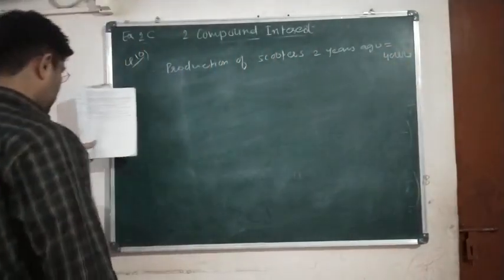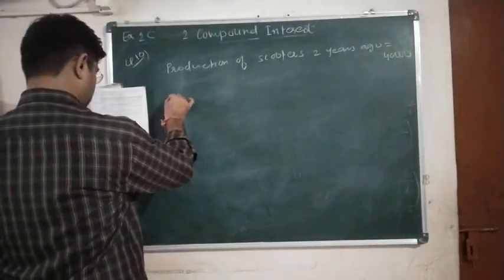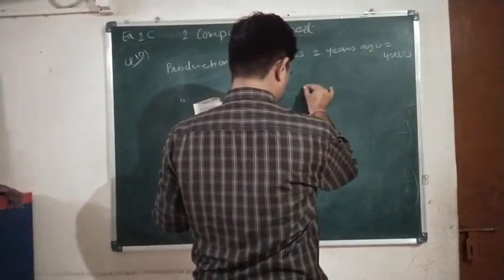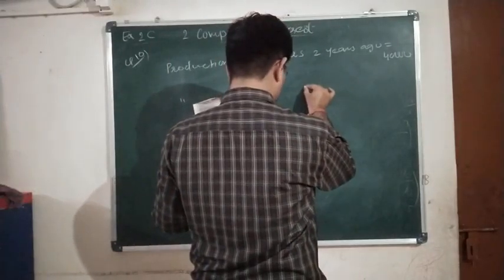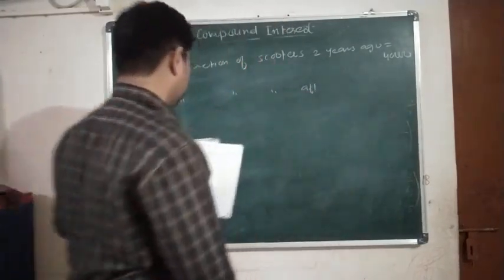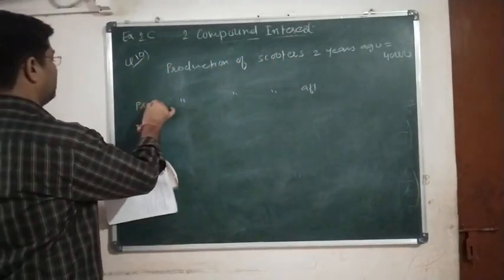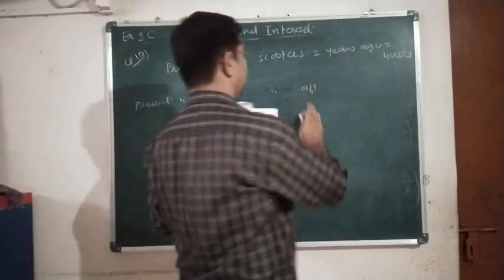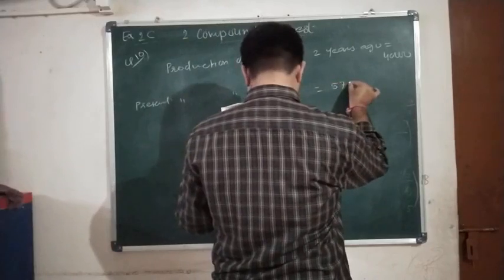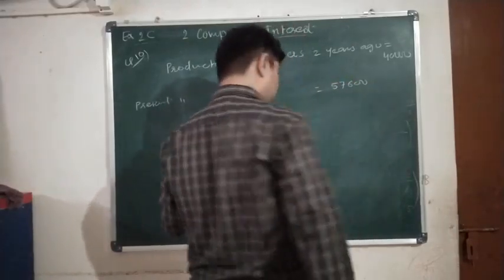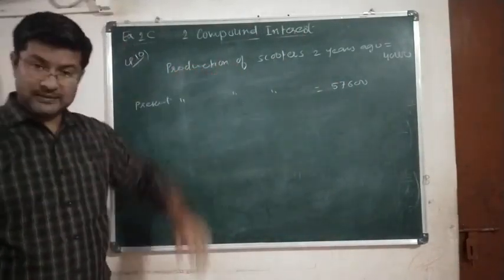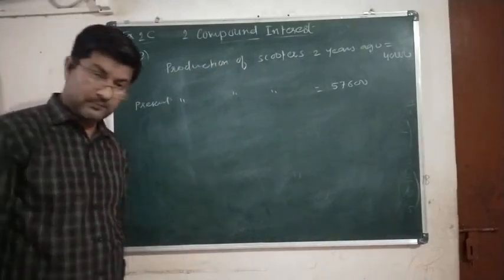Again, production of scooters in the present year is 57600. Clear?